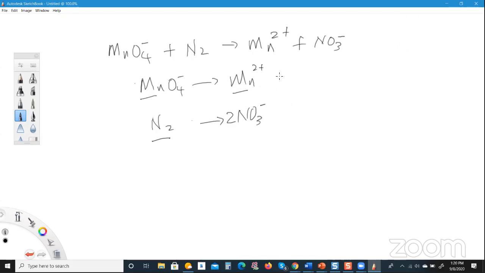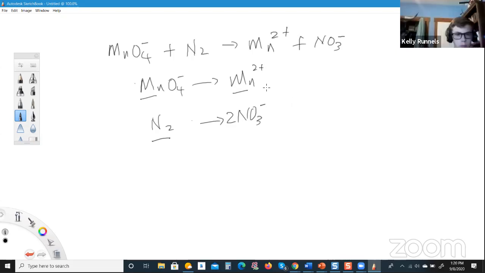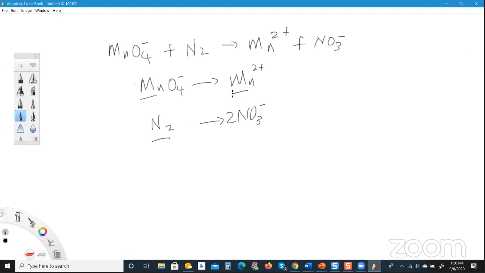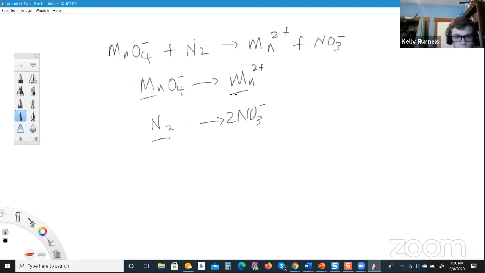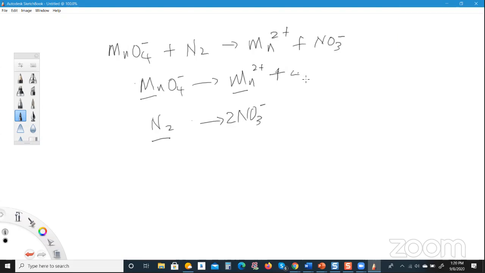What does that mean for the first half equation? In the first half equation, we would need to add 4 oxygens. How would you do that, and to which side would you add? You would add 4 water molecules to the right side. Exactly, 4 H2O on the right side.